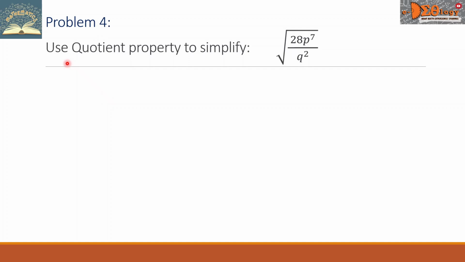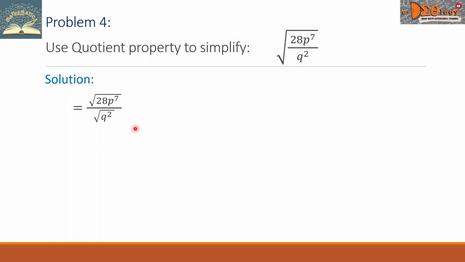Problem 4. Use the quotient property to simplify the square root of the fraction 28p raised to 7 over q squared. By the quotient property, we distribute the square root to the numerator and denominator respectively.